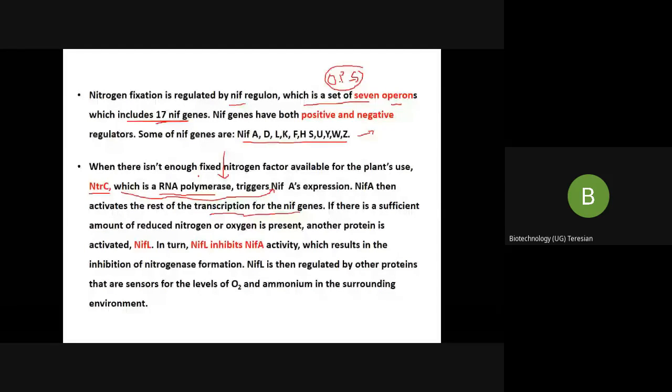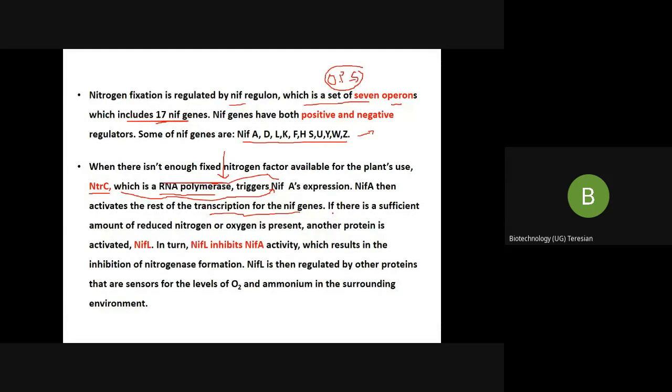Who is responsible for this expression? It is the NIF-A. So this RNA polymerase is sending the message to the NIF-A: you become active. The NIF-A says, okay, I am expressed, now I'll go and activate all the other genes which are necessary for nitrogen fixation.